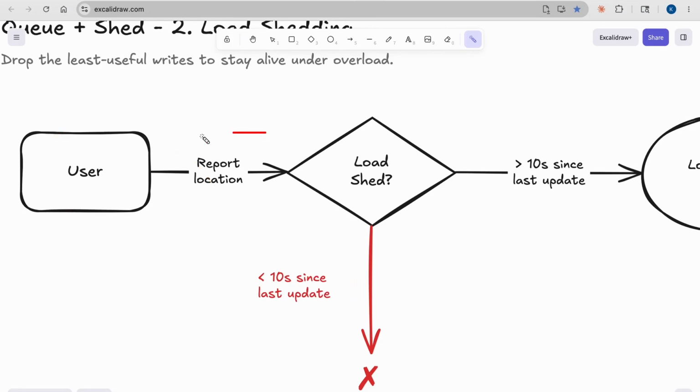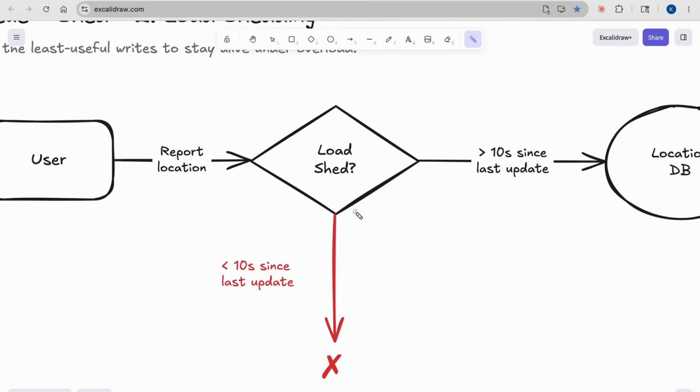A driver tries to report a location, and we are receiving requests every 5 seconds or so. It's okay if we lose a few of those 5-second location updates to our database, as long as we have the latest location written.